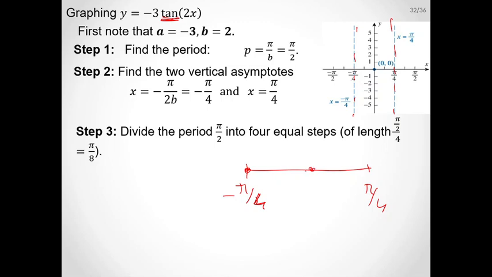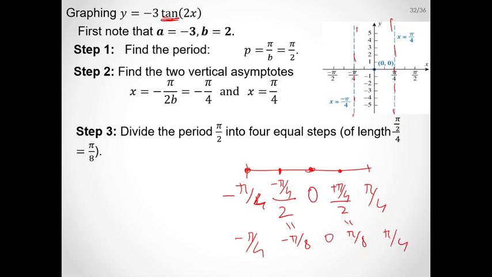The midpoint between pi over 4 and negative pi over 4 is 0. And what is the midpoint between these two? It will be negative pi over 4 divided by 2, and here plus pi over 4 divided by 2, which gives us negative pi over 8, and pi over 8. So we will get negative pi over 4, negative pi over 8, 0, and pi over 4.